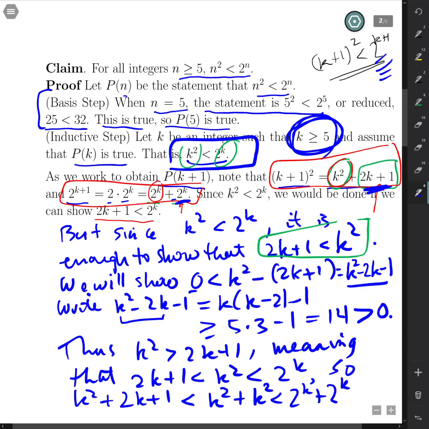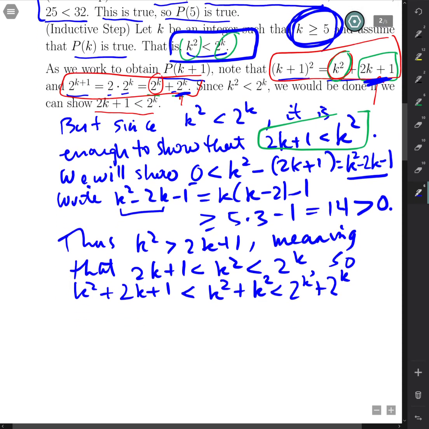And by our understanding of how that works out, let's capture it all together: (k plus 1) squared is less than 2 times 2 to the k, or 2 to the k plus 1.